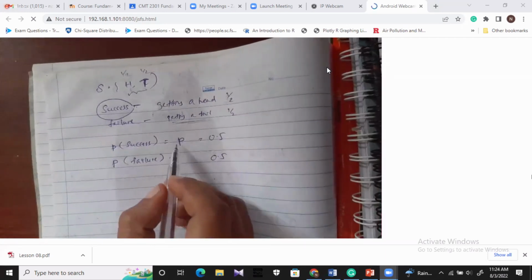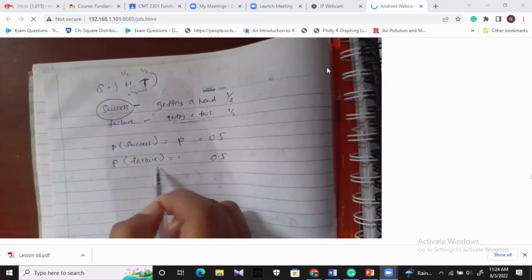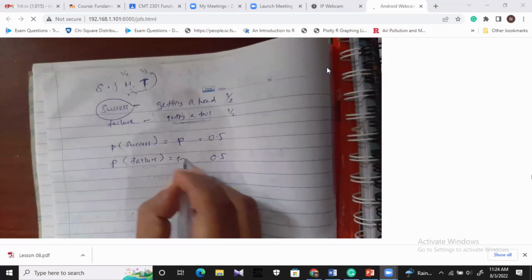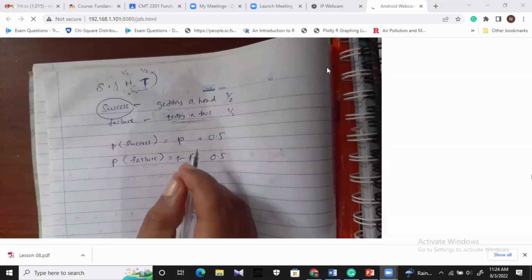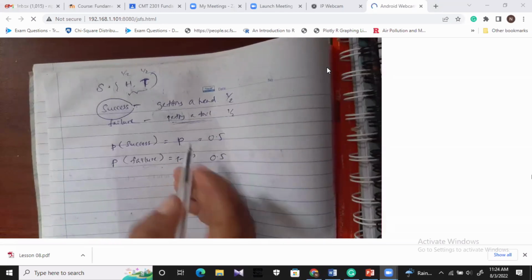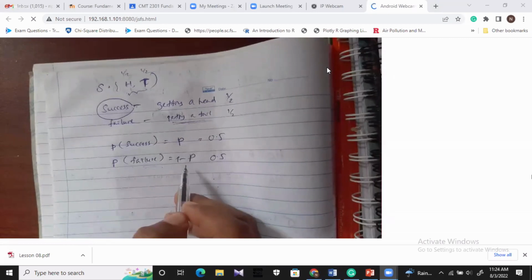But if you take the probability of a success as p, then what is the probability of a failure? Please tell me. 1 minus p. Very good. Because it has only two possible outcomes, either success or failure. If the probability of a success is p, then the probability of a failure should be 1 minus p.